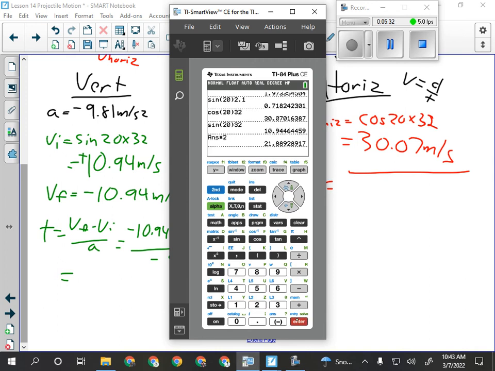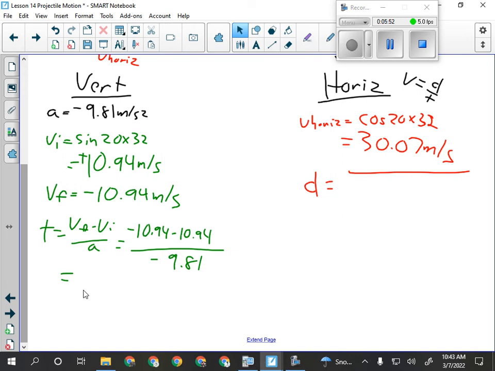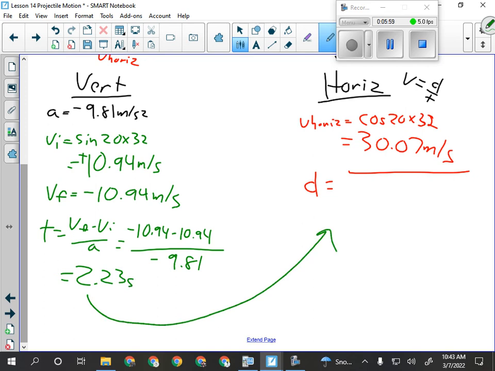I'm just going to multiply the answer by 2 because that's what negative 10.94 minus 10.94 is. I'm going to divide that by 9.81. So the General Lee is going to have a flight time of 2.23 seconds. It's a long time to be in the air. Right, this number is the only number that can be used by both the horizontal and vertical components.